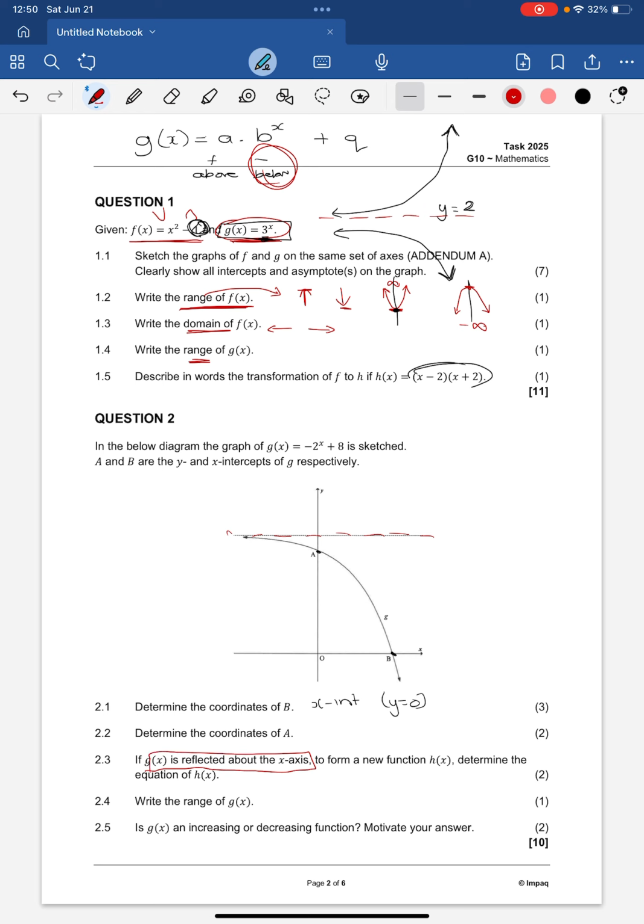Let's say I had a point over here, and I'm just making an example: my point is -5 and 3. I want to reflect it about the x-axis, which means I'm using the x-axis as a mirror. I'm going to take the point and plot it exactly this distance on the other side of the x-axis. So two things are happening. Number one, the x value stays the same.